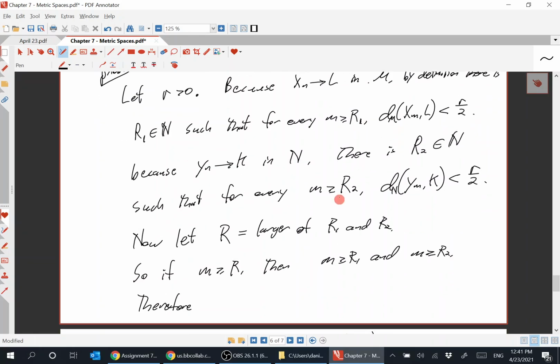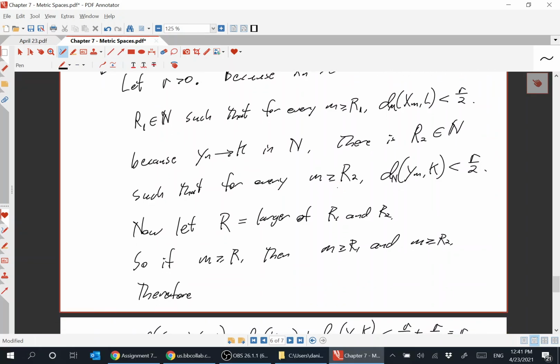Now, why does that work? Why does that help? Take a natural number R, whichever one of R1 and R2 is bigger, or if the same, let R be the same. Why do we let R be the larger of R1 and R2?